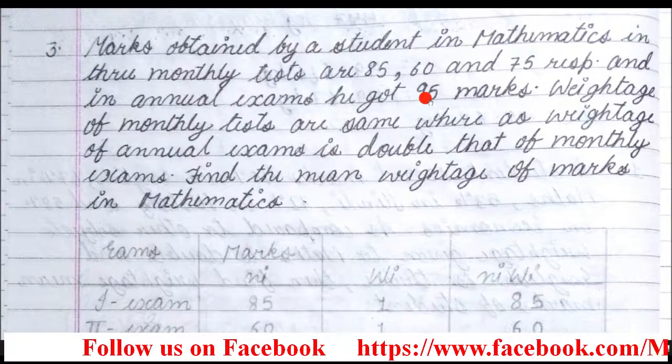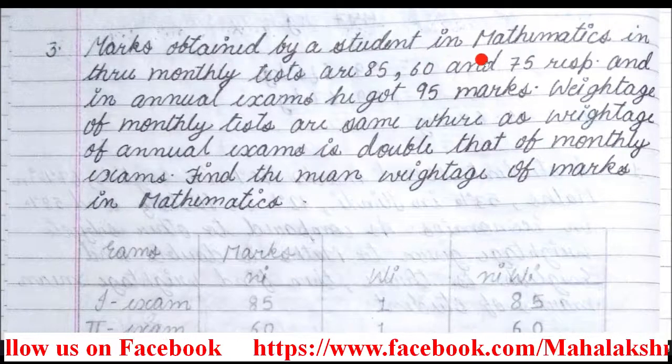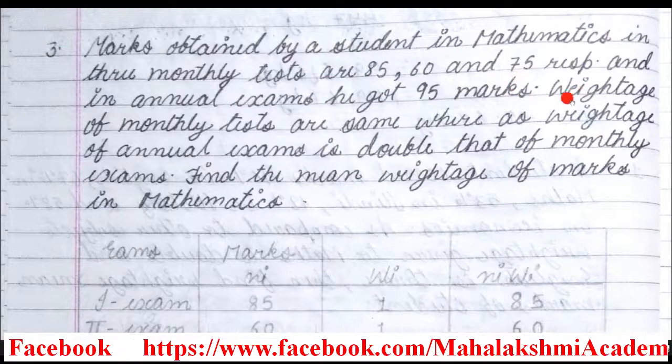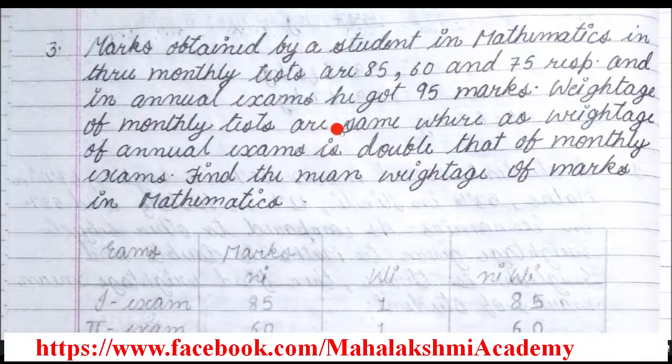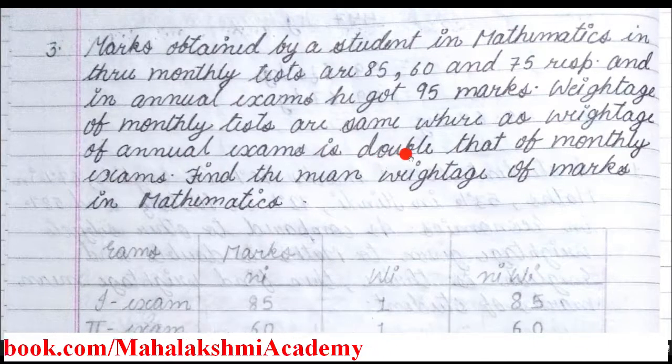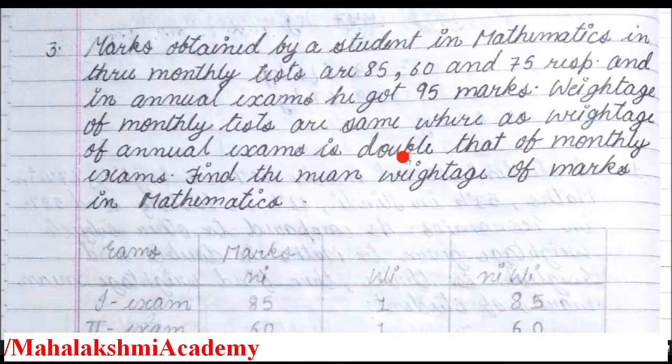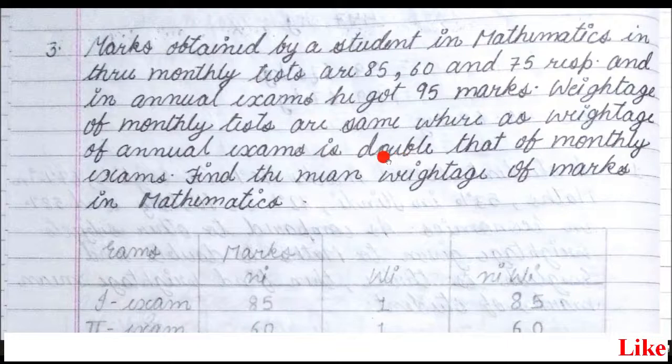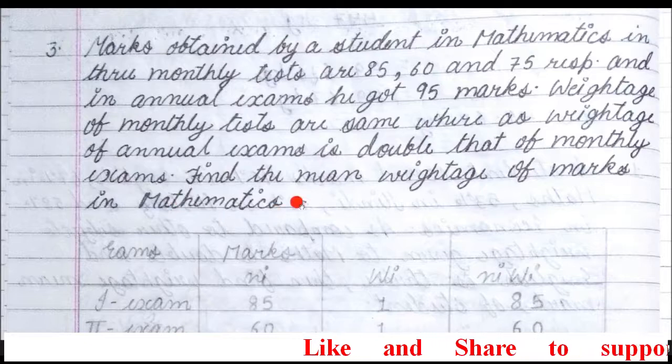This 95 is for the annual exam and these 3 marks are for the tests. Now weightage of monthly tests are the same, whereas weightage of annual exam is double. So as compared to the monthly exams, the weightage of the annual exam is double. Find the weighted mean of marks in mathematics.